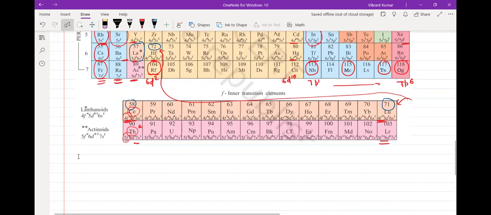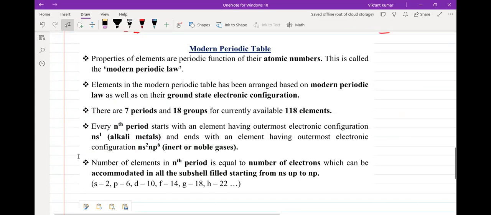If you see, we are saying that the periodic table has been prepared based on the atomic number, because the modern periodic law says that the properties of the elements are the periodic functions of their atomic number, not of atomic mass, and that was based on Moseley's X-ray experiment.